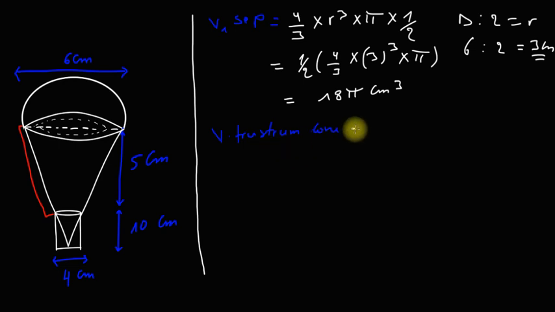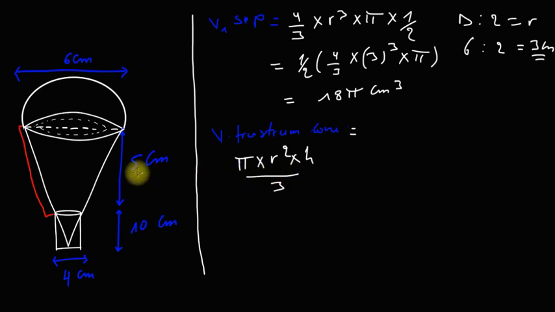It is equal to, we can get this volume by taking the volume of the large cone and subtracting the volume of the small cone. The volume of a cone is equal to pi times radius squared times height over 3.